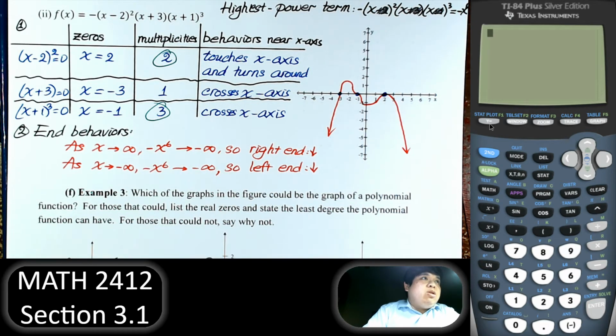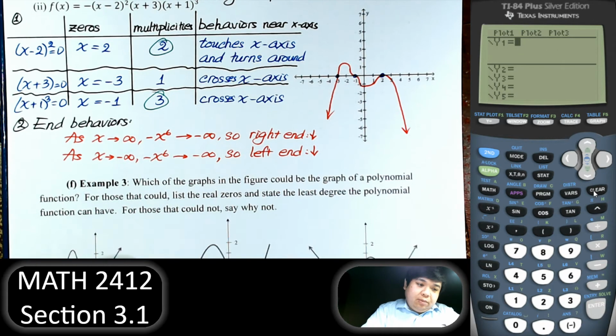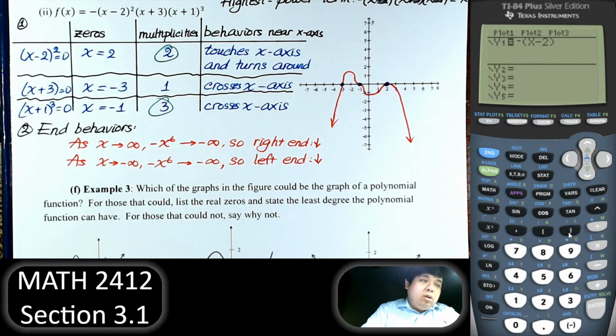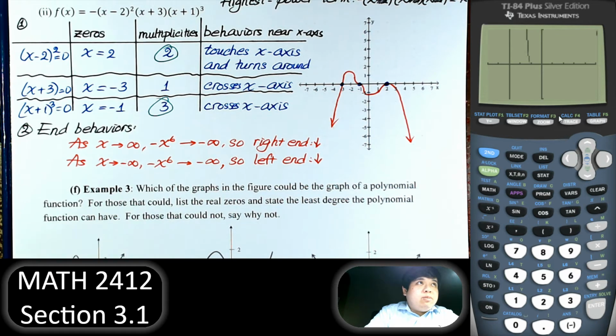Right, let's try to see the graph real quick. Minus x minus 2 squared, x plus 3, x plus 1 cubed. And then we see the graph. It hits the 2, but it doesn't even show.